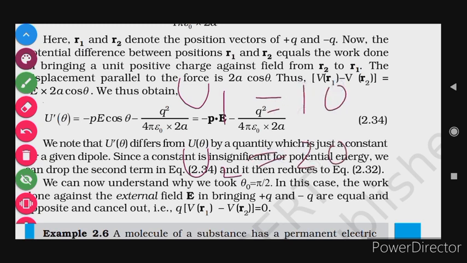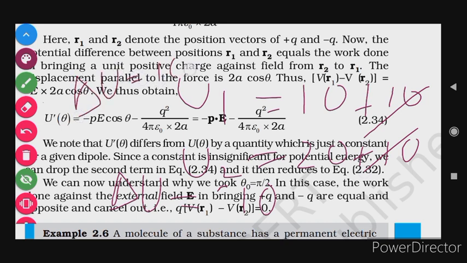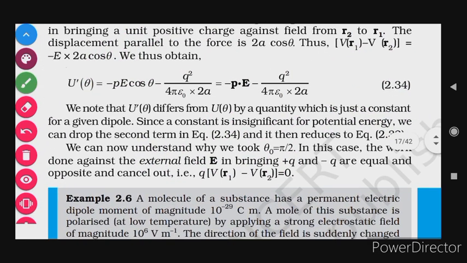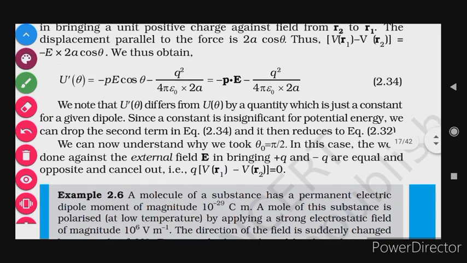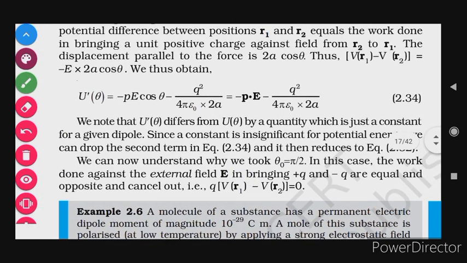If I add a constant to both, I still get a difference of 10, and if I haven't added the constant, I still get 10 as the potential difference. So it doesn't matter if we add a constant term in the formula of potential energy. That is why this can be reduced to that equation.